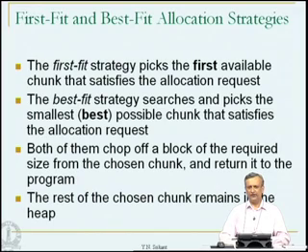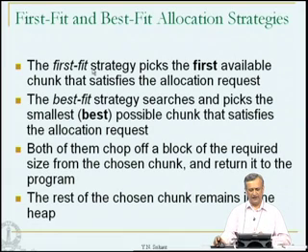In the case of the best fit strategy, the allocator searches through the doubly linked list of free blocks and picks the smallest, which is the best possible chunk that satisfies the allocation request. Even if that smallest chunk is bigger than what we require, only a small part will be left out in the heap because of this chopping process.